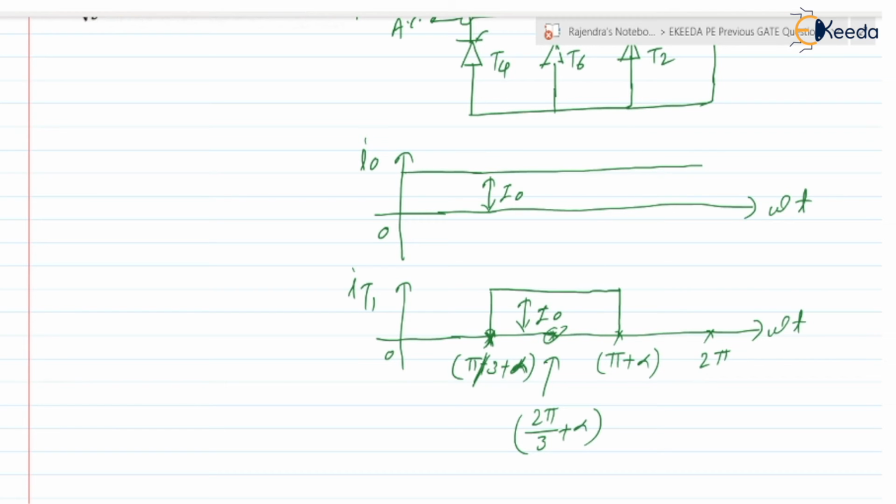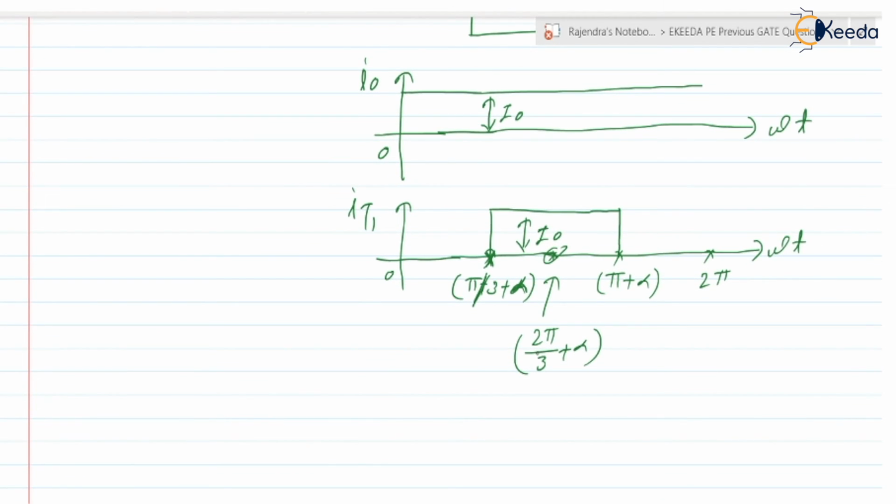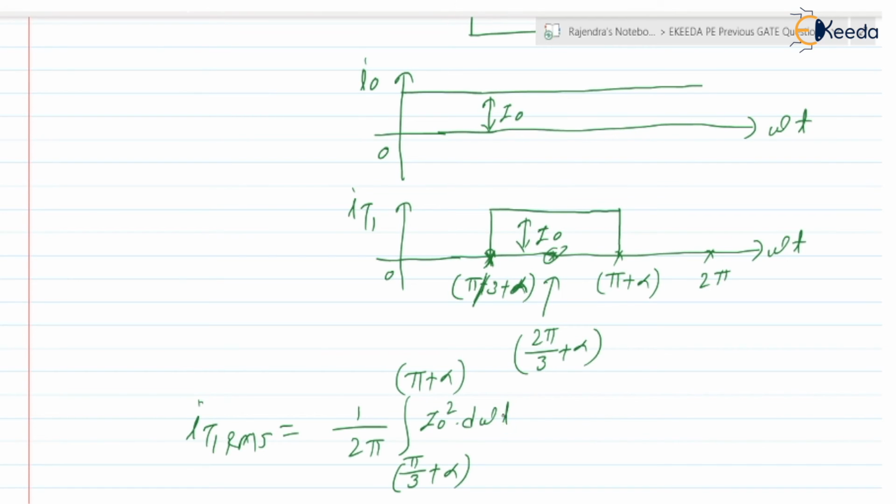Next, for this waveform, can we derive the expression for IT1 RMS? IT1 RMS is equal to the square root of 1 by 2 pi times the integration from pi by 3 plus alpha to pi plus alpha of I0 square d omega t.